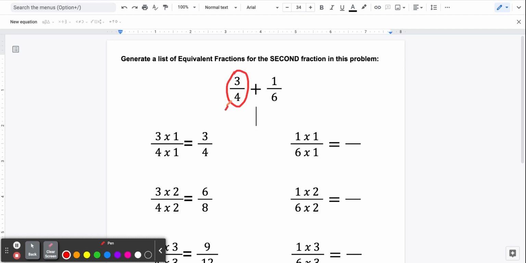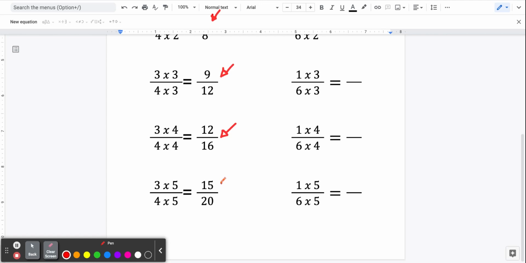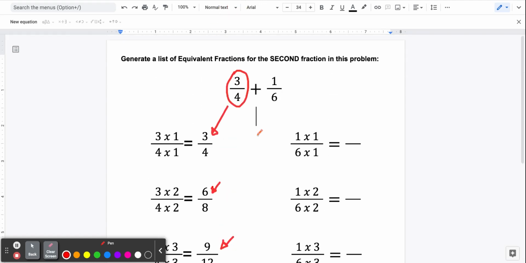And therefore, we ended up getting 3/4, 6/8, 9/12, 12/16, and 15/20.